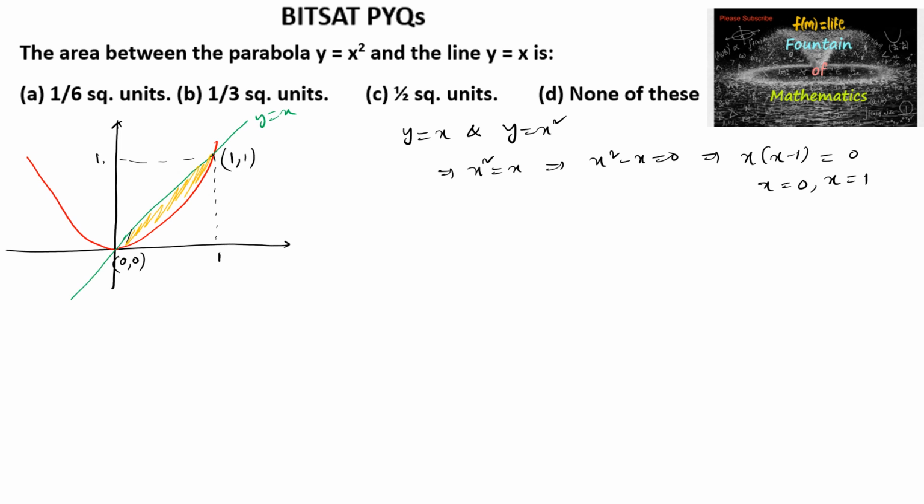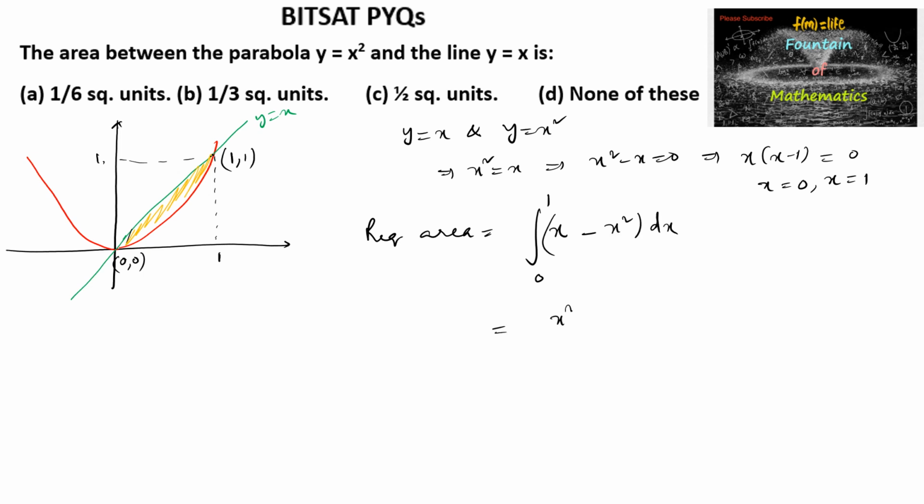So the required area is equal to integral 0 to 1. The upper curve is y is equal to x dx minus the lower curve is x square dx.